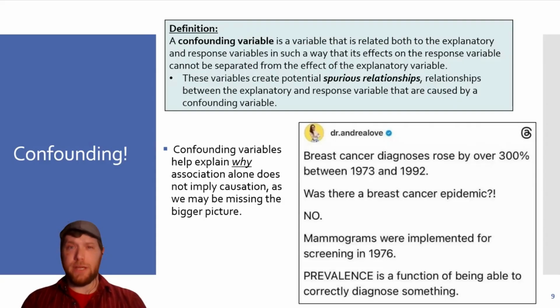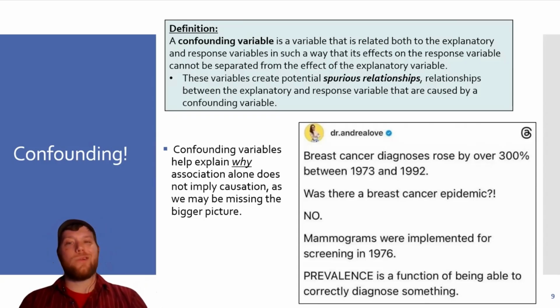Because it was detected much earlier, it didn't have time to spread and do more damage. While they were detecting these cases, they weren't detecting other things, because that hadn't happened yet. So being able to correctly diagnose something is a good thing.